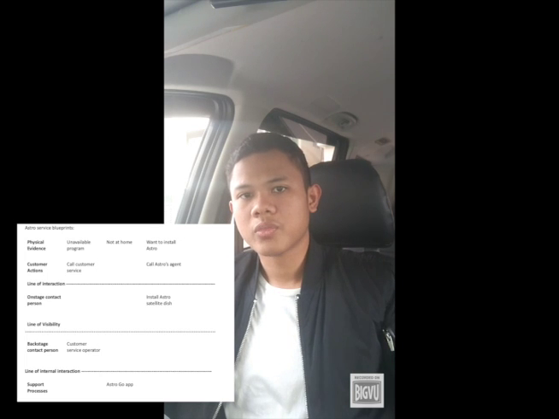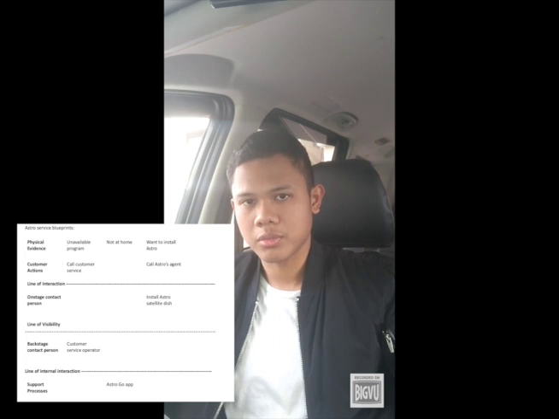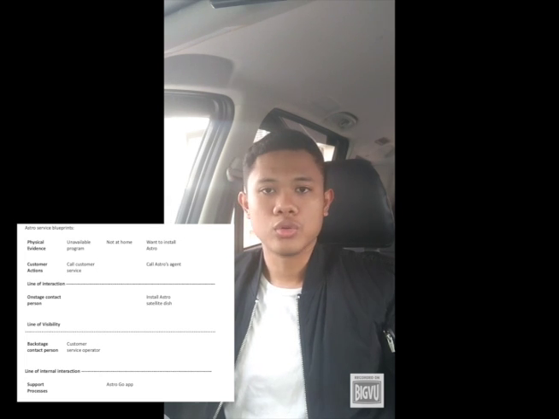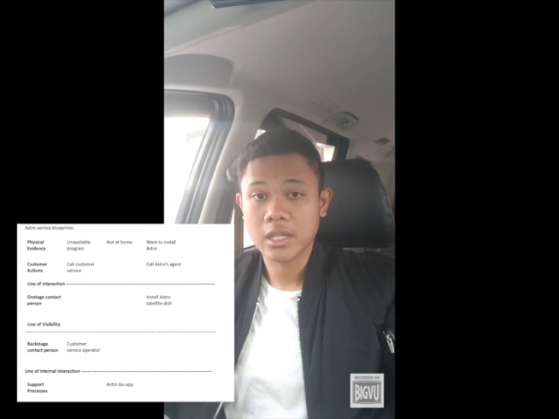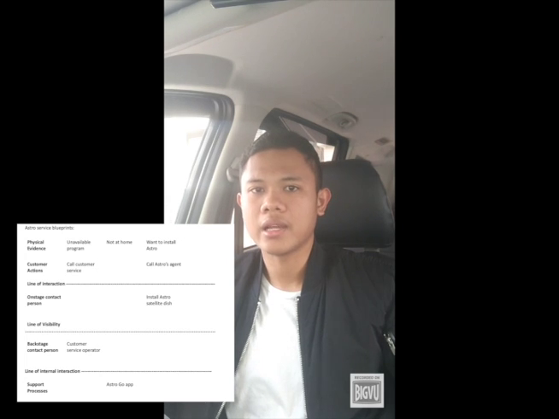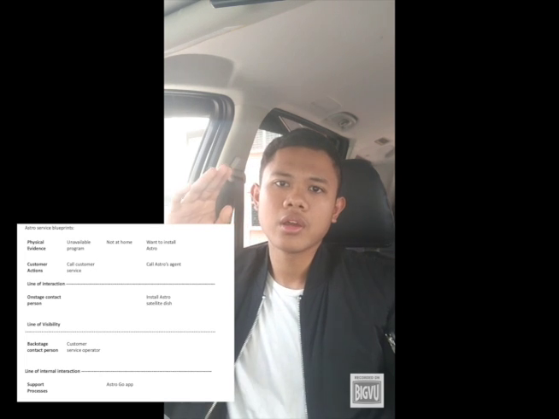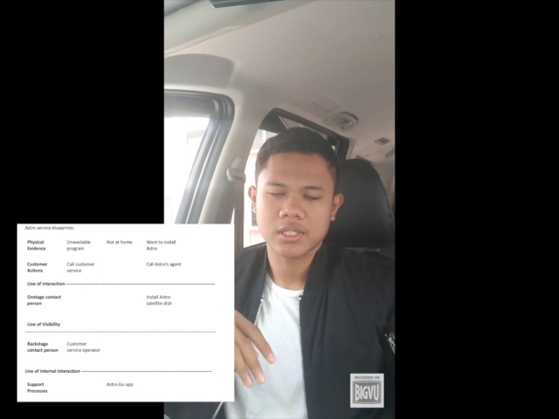According to the figure, the on-stage contact person is made available when an installation is needed, because installation of ASTRO requires an ASTRO agent to attend to the customer's place to install the satellite dishes. For the backstage contact person, ASTRO will have their customer service operator facilitate and guide the customer to solve the problem.